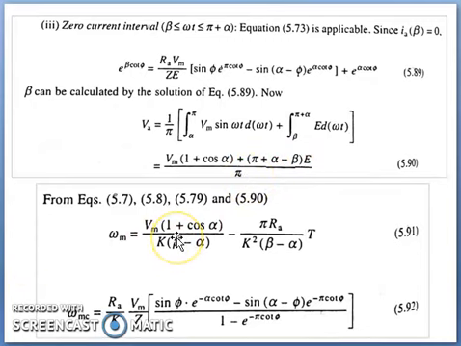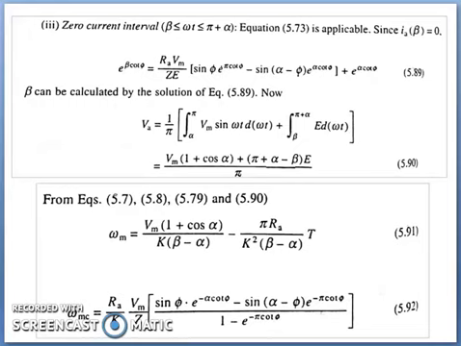Now, as we did in the previous case, we can write the equation for omega m as Vm (1 plus cos alpha) divided by k pi, minus (beta minus alpha) Ra divided by pi k squared times T. Similarly, the boundary between continuous and discontinuous conduction is reached when beta is equal to pi plus alpha.